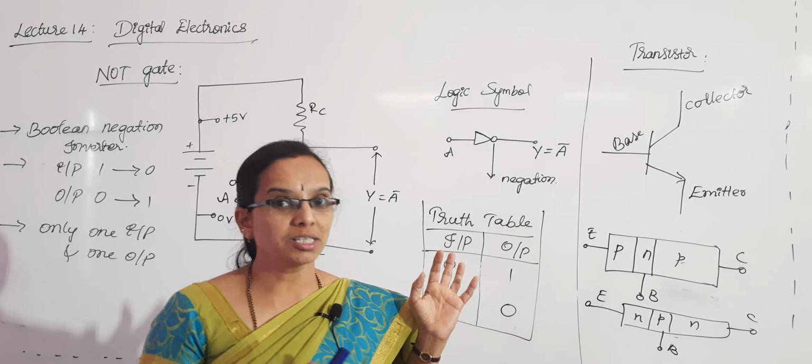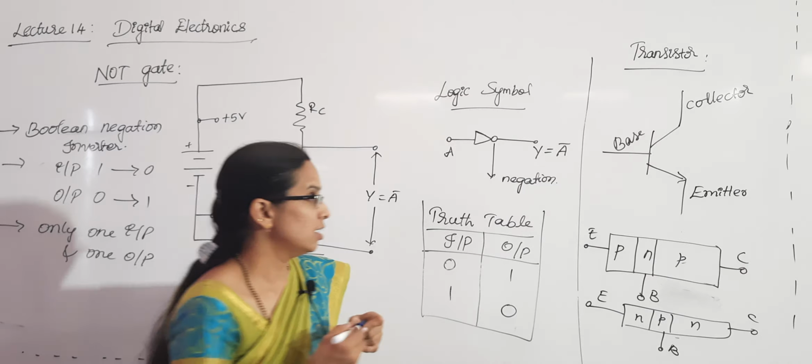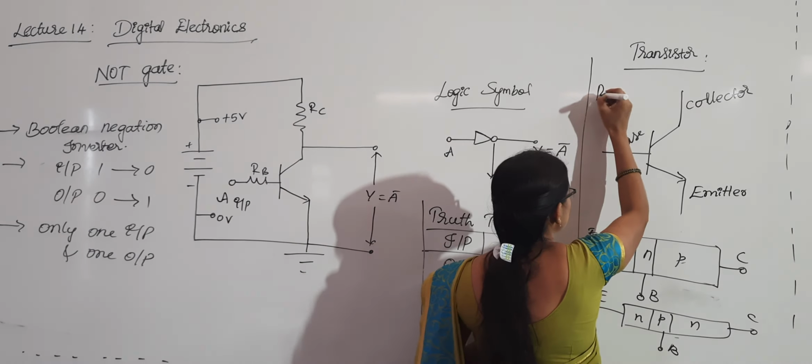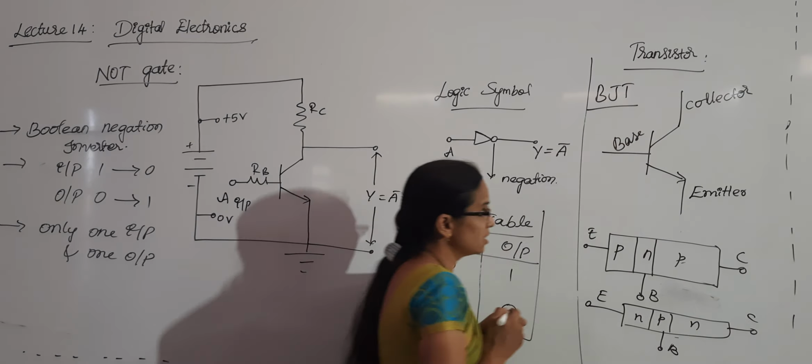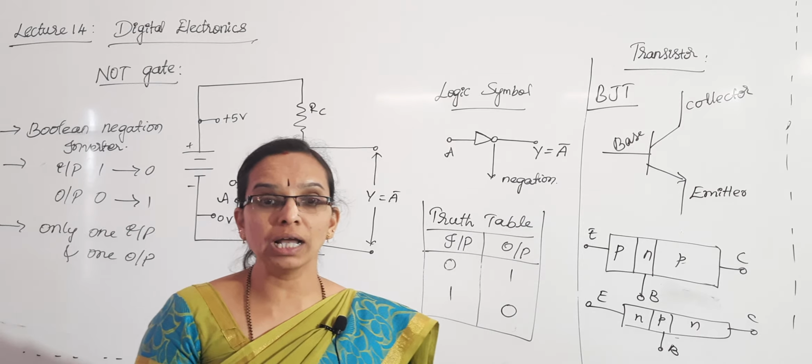We have a separate chapter on the transistor called BJT. Transistor is also called BJT, which means bipolar junction transistor. Why is it bipolar?